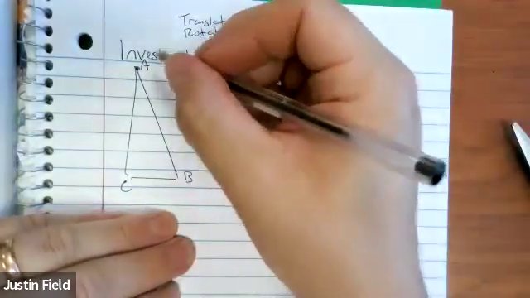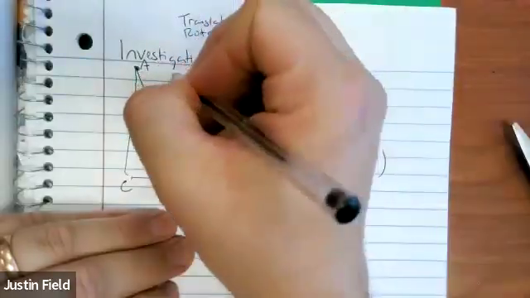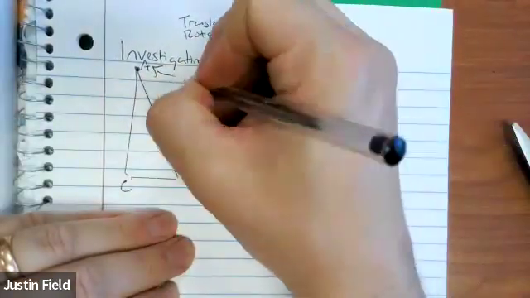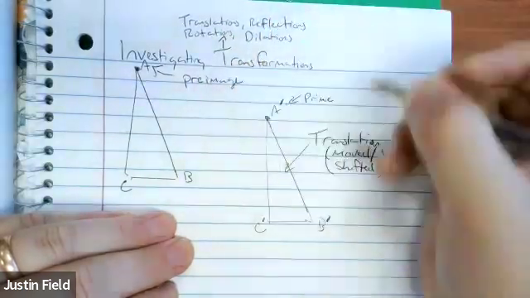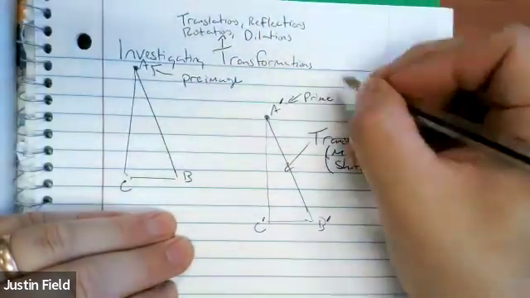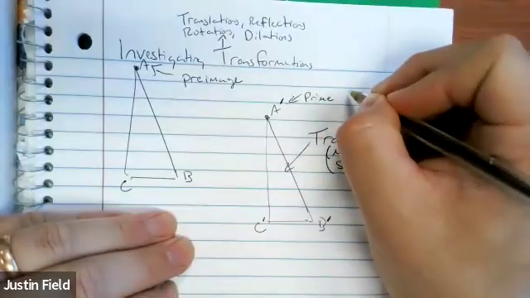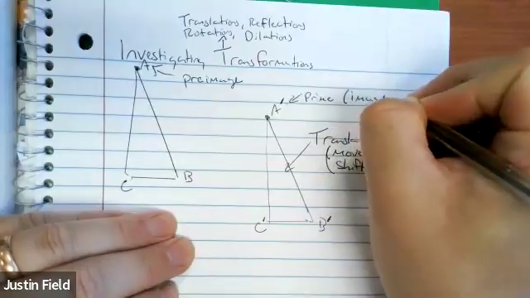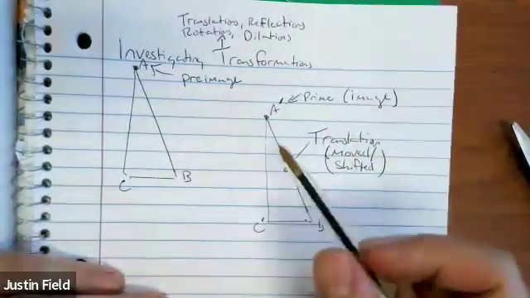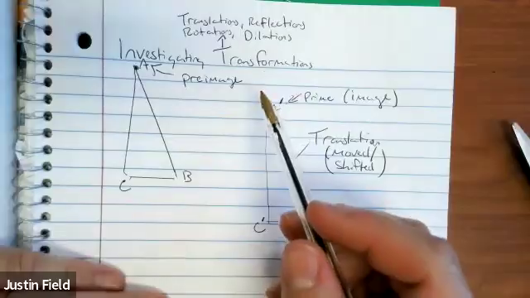And our original shape is called the pre-image. And when we move our shape, that is called the image. So when we're talking about transformations, we're transforming something.